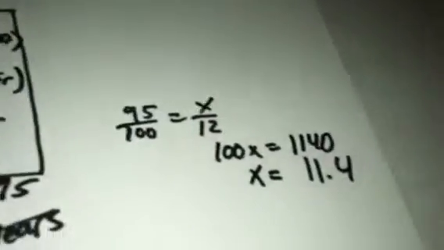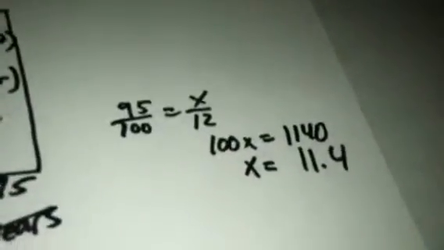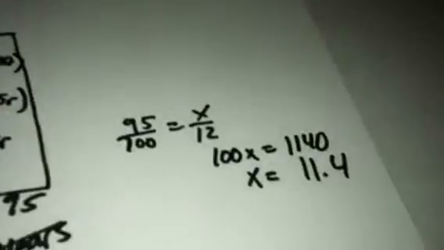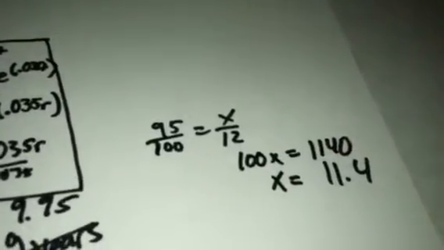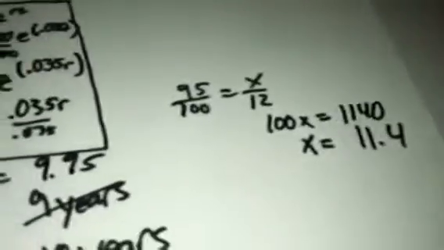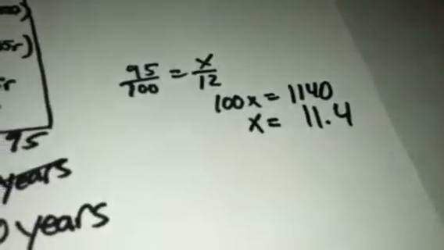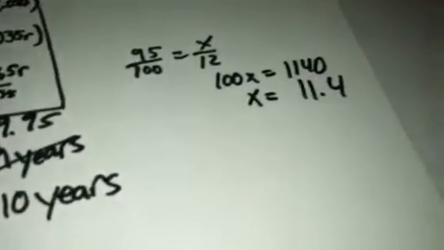Divide both sides by 100, x equals 11.4, which technically is 11 months, and .40 would be like 3 months, part of the month. But anyway, since it's 11 months, we always want to go one up, which would be 12 months. But technically that's another year, so it wouldn't be 9 years, it'd be 10 years.